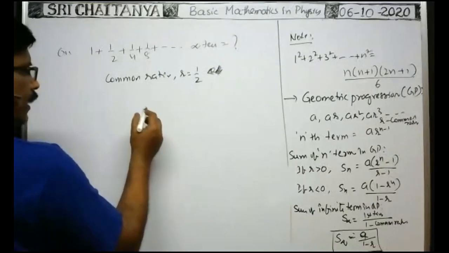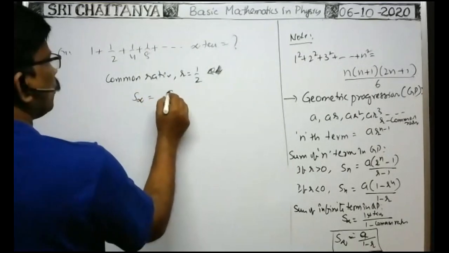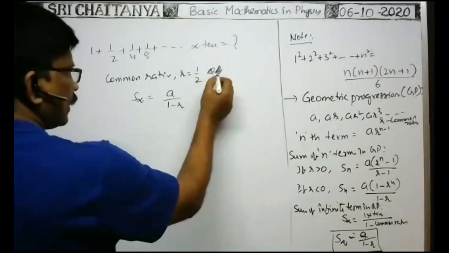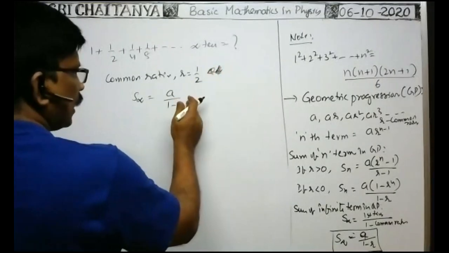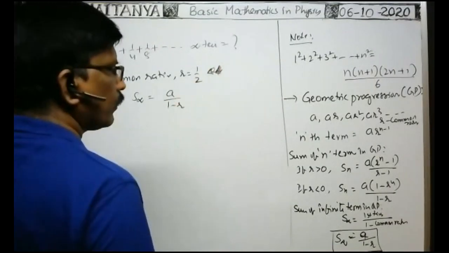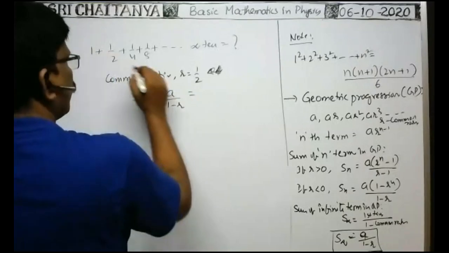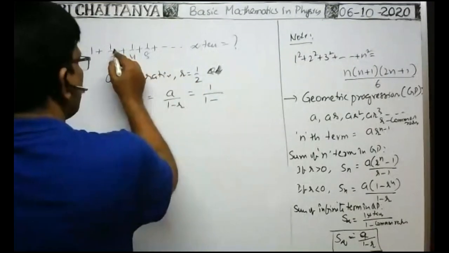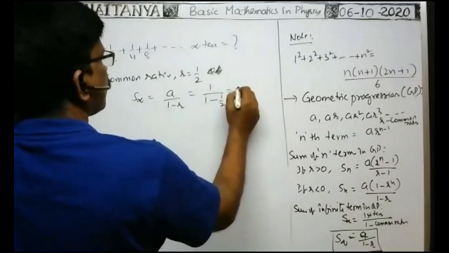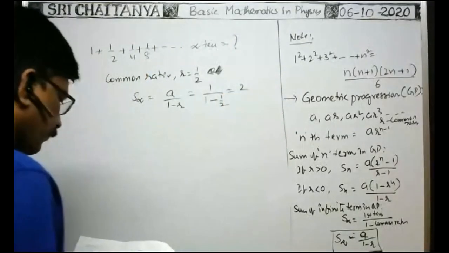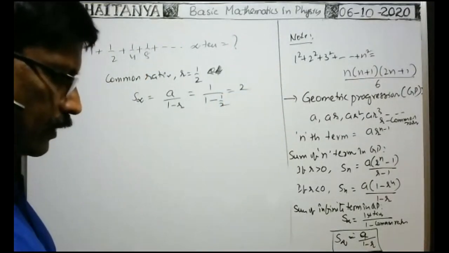In such case, sum of infinite terms is equal to A by 1 minus r, if r is less than 1. A means 1, by 1 minus common ratio 1 by 2. So this is equal to 2. Here 2 is the answer.